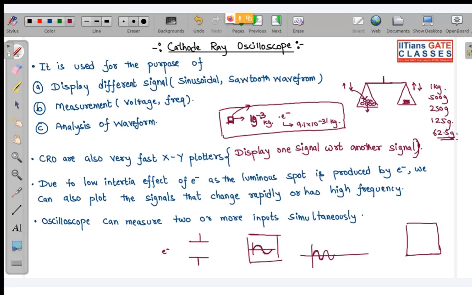But if there were a provision where the sensitivity is in the trillionth of a second, you might see that even this sinusoidal waveform looks like this. As we don't have such a highly sensitive CRO, we see it as a continuous waveform. Is this clear? Any doubt?